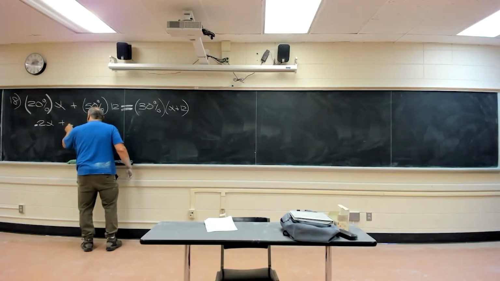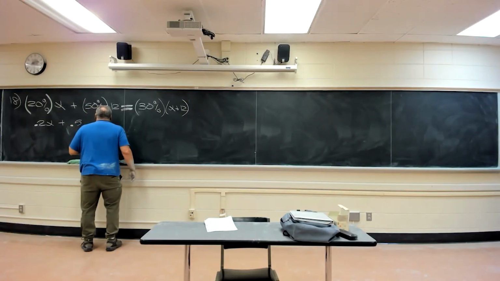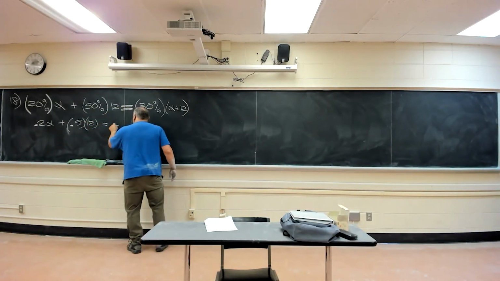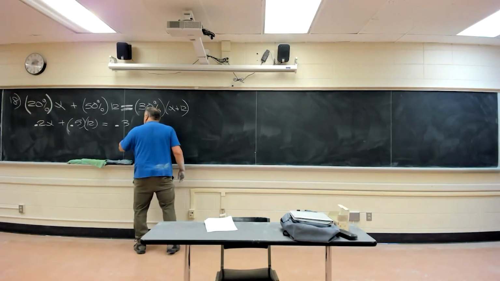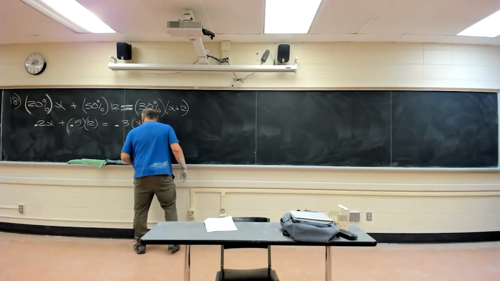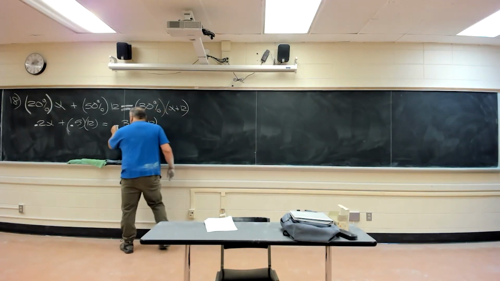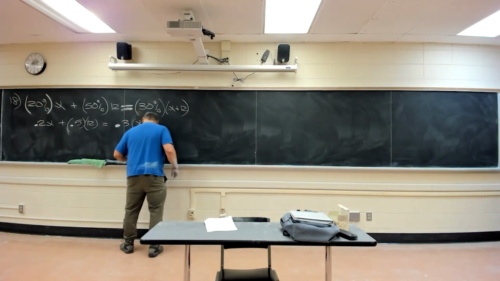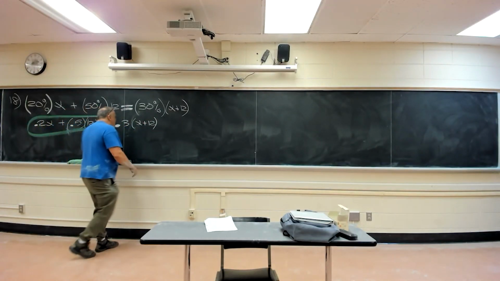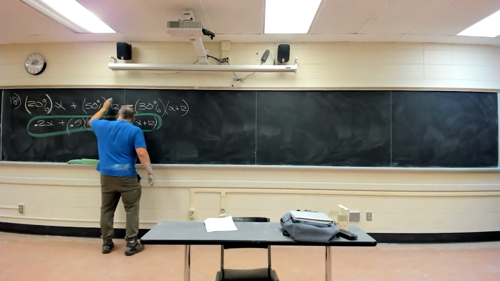And this one's 0.5 times 12. And this one's 30% times X plus 12, because you're adding them together. This is the key to the whole thing, you guys. Now we're not done, but you gotta, by hook or crook, get to this point right here. And that happens if you look at it initially like this. Okay.